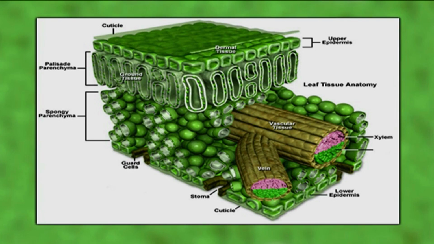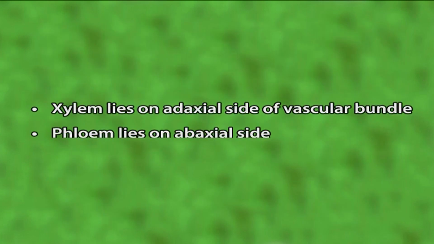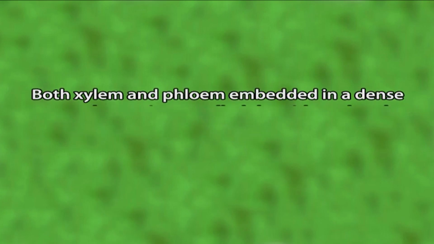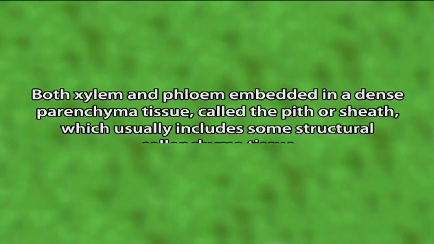It is that vascular component which usually transports the sap with the dissolved sucrose produced by leaves in photosynthesis out of the leaf. The xylem typically lies on the adaxial side of the vascular bundle and the phloem typically lies on the abaxial side. Both are embedded in a dense parenchyma tissue called the pith or sheath, which usually includes some structural collenchyma tissue.